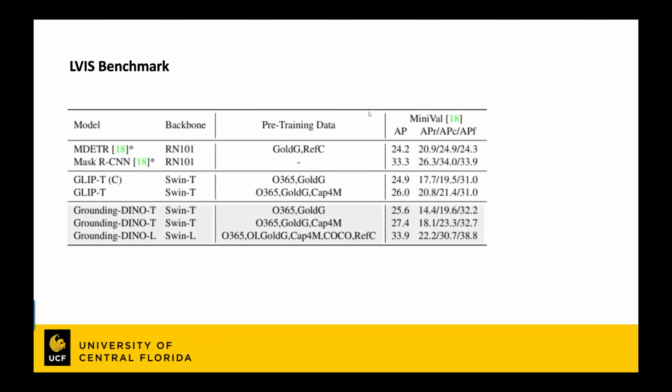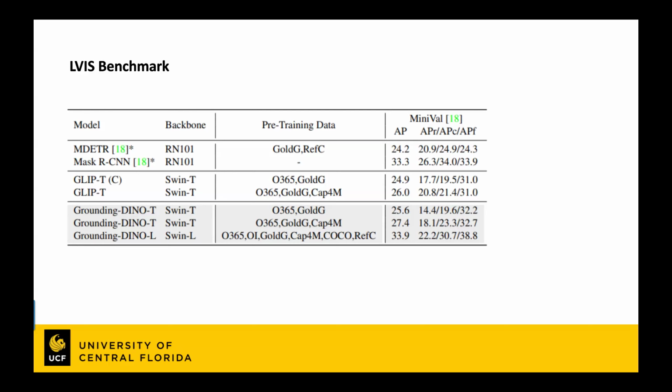The second setting that we evaluate is grounding DINO on the LVIS benchmark, where LVIS is used more so for the long-tailed vocabulary sets. So in this model, we see that grounding DINO outperforms GLIP.